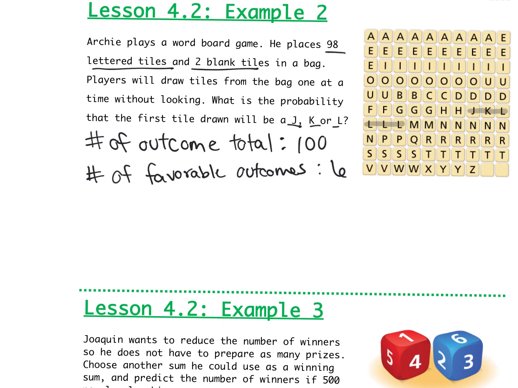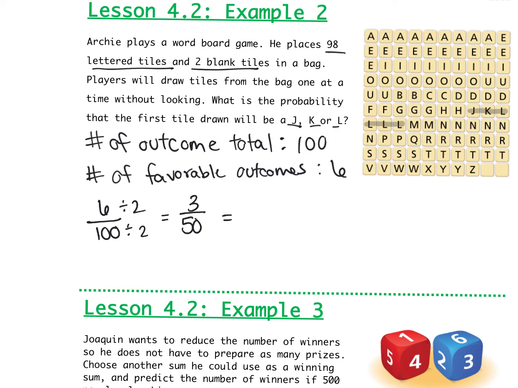Our favorable outcomes go on top and our total goes on bottom, and that's not simplified because they can both be divided by 2. So now we have 3 over 50, or 3 out of 50.